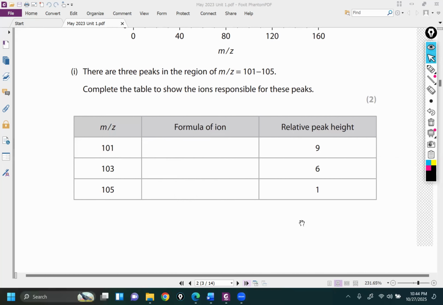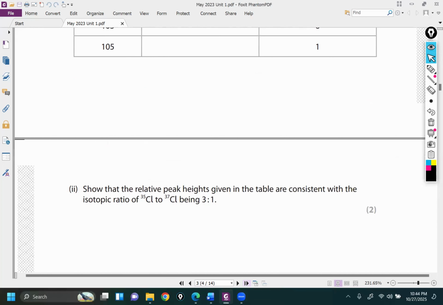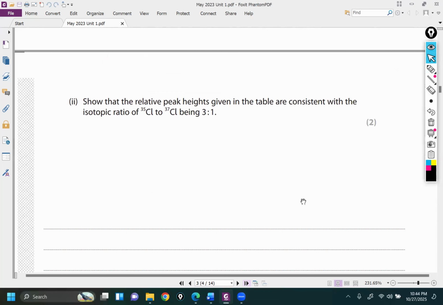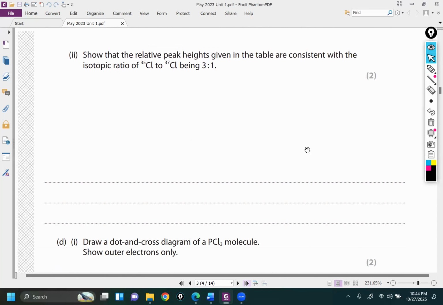In the next section, show that the relative peak heights given in the table are consistent with the isotopic ratio of 35 to 37 being 3:1. If you look at here, the chlorine ratio is 35 and 37, this is 3:1.